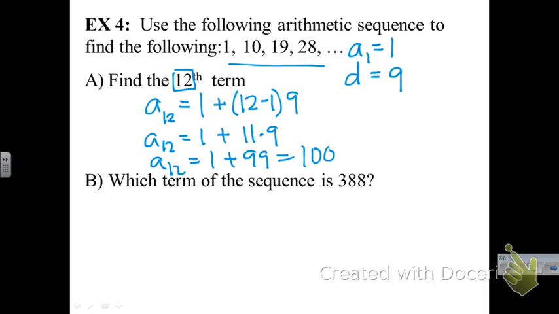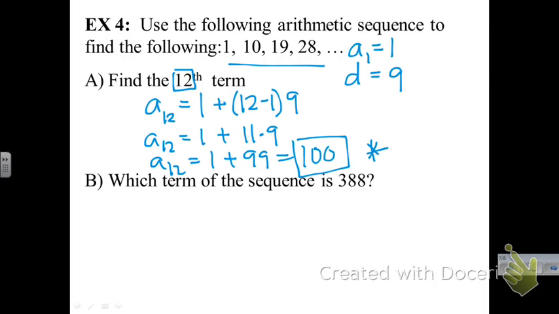So our 12th term would be 100. Now you could actually take this sequence, the 1, 10, 19, 28, and write it out so that you have 12 terms, but this is going to be a more effective and faster way to get to that term.